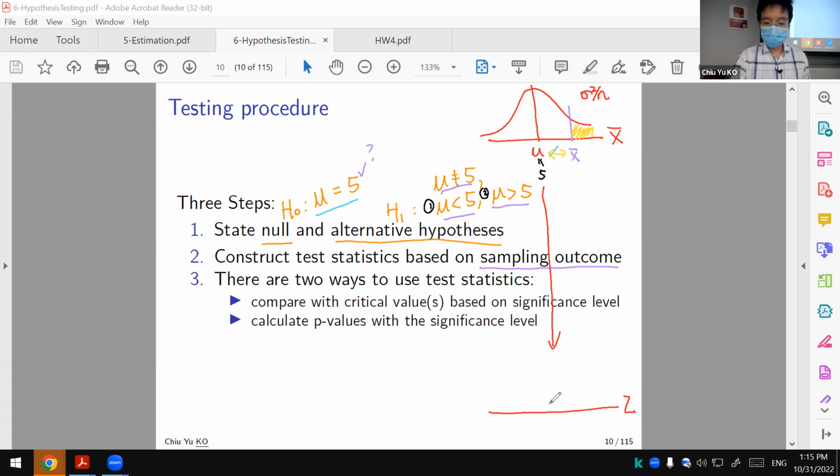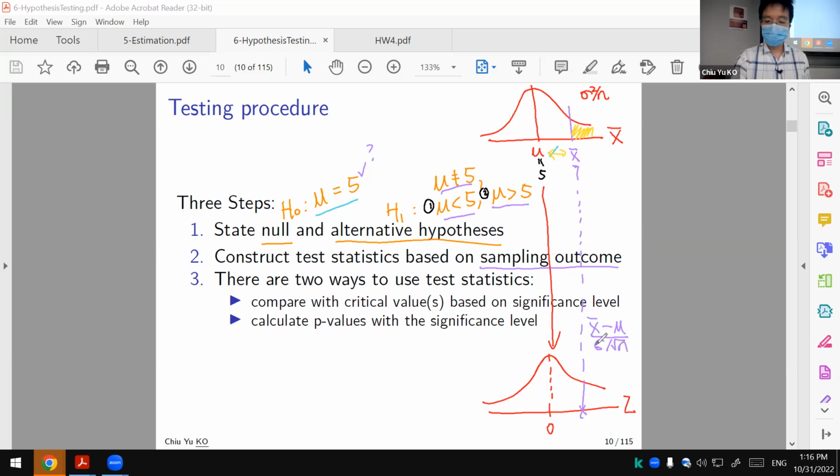So this is 0. We will convert this number, suppose this is 7, or some number there, to here. It will be x bar minus mu, which is 5, over sigma over root n.